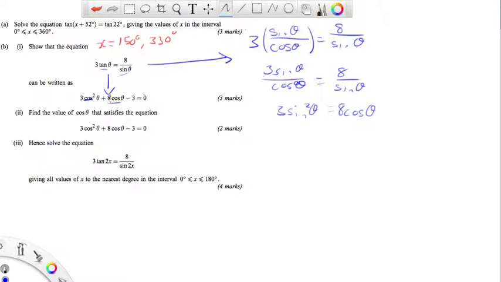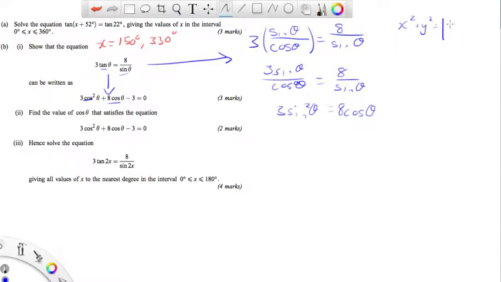Well, the 8 cosine theta looks familiar because we have that as the middle term, but we have this sine squared of theta. That's actually where one of our identities comes into play. Remember, when we're talking about trig, we're talking about triangles and circles. If you have a circle, x squared plus y squared is equal to r squared, and this trig circle has a radius of 1.